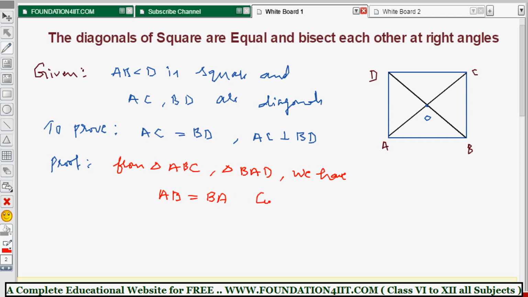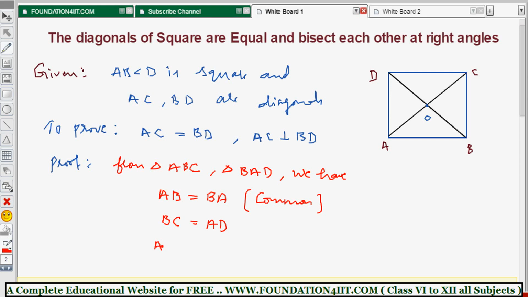This is common, because we need to prove both triangles are congruent by any one of the axioms. And BC is equal to AD, because BC and AD are opposite sides. Opposite sides in a square are equal. So all the sides are equal, so opposite sides are also equal. And each angle is 90 degrees.